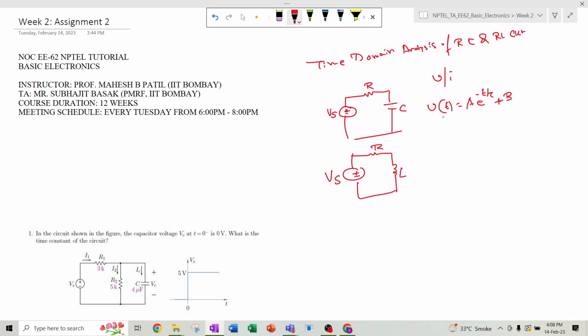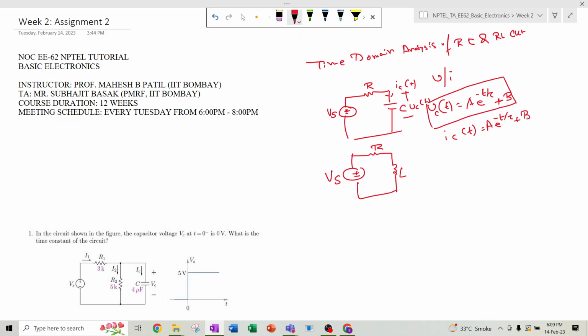So basically I am telling that at any point of time, suppose the voltage across the capacitor Vc(t) can be represented as a e to the power minus t by tau plus b, or it may be the current, that is Ic(t). It can also be represented as a e to the power minus t by tau plus b.